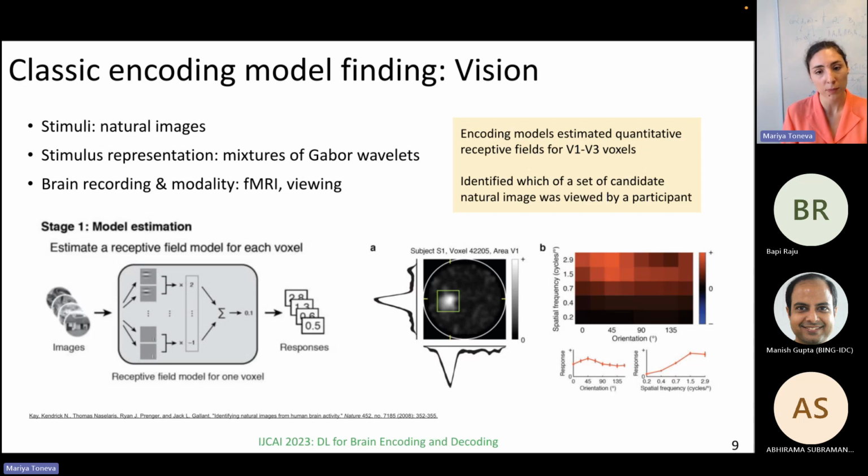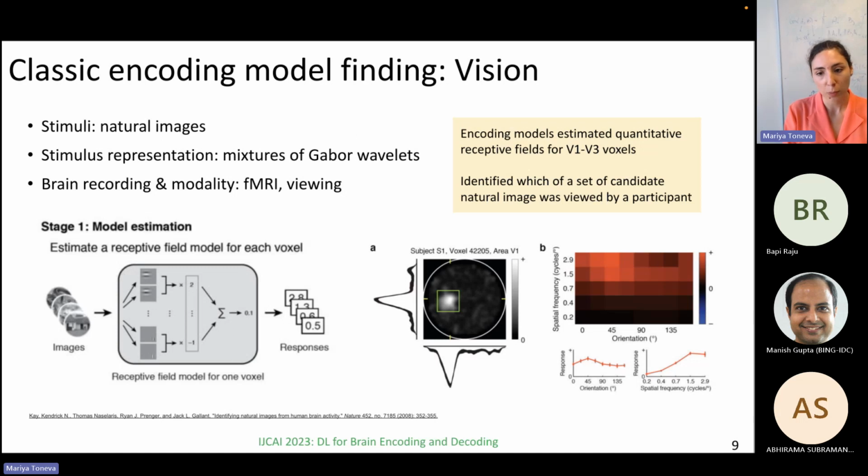This is the first time somebody was able to actually essentially identify what stimulus somebody was actually viewing. But of course, this was out of a set of some candidate images. So it was not open domain evaluation here, but still it was a very big step forward for this area.